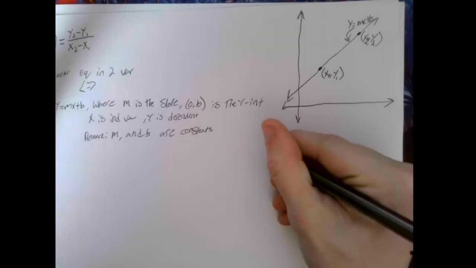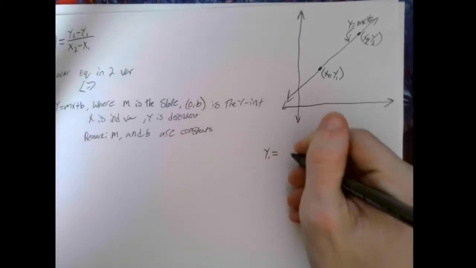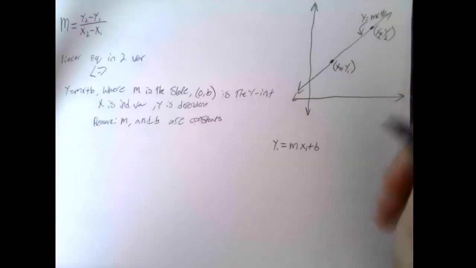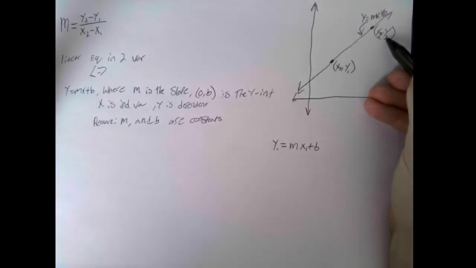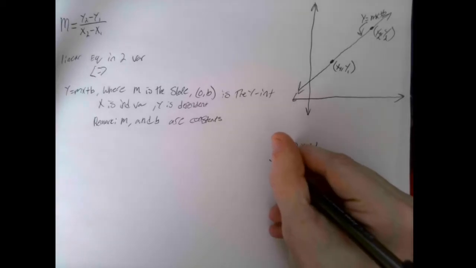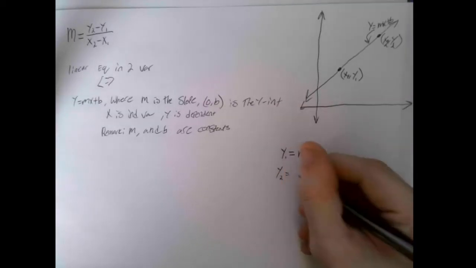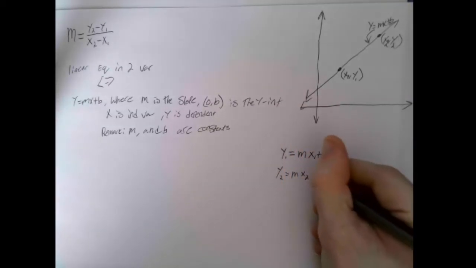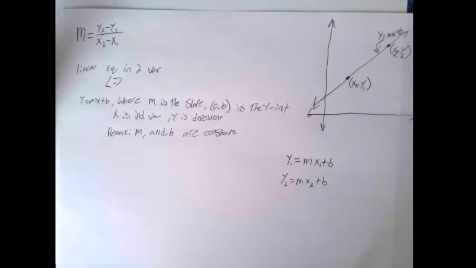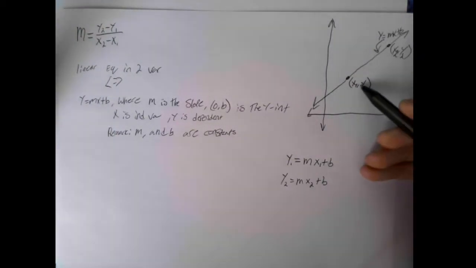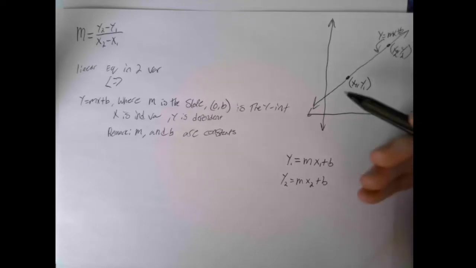If we evaluate it at x1 comma y1, we'll get y1 equals mx1 plus b. And if we evaluate it at x2 comma y2, we'll get y2 equals mx2 plus b. We can do this because these 2 ordered pairs are solutions to this line.